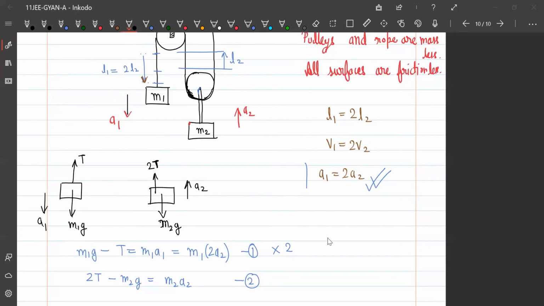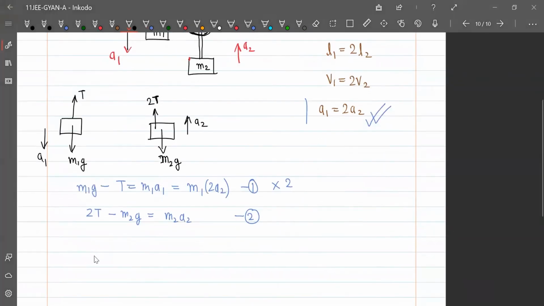Bharvi, tell me the value of A1. That is A2 right now.